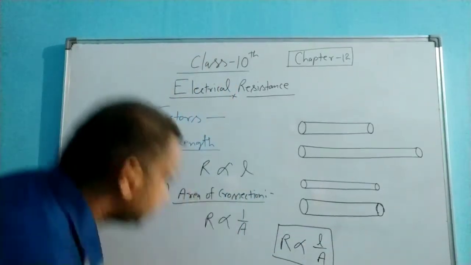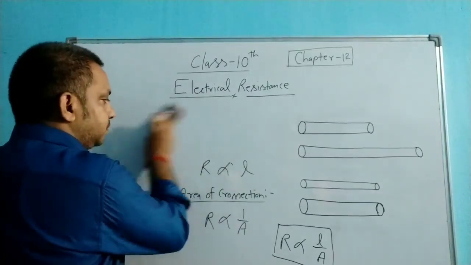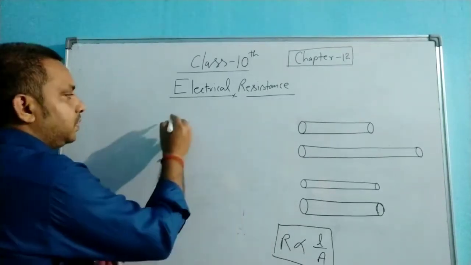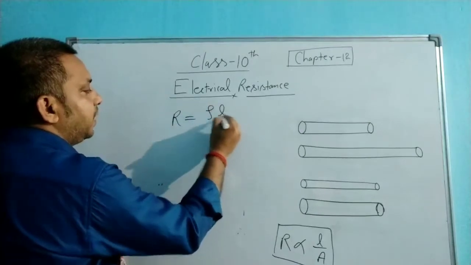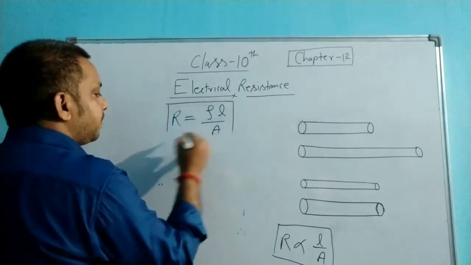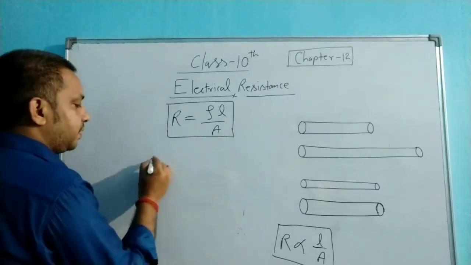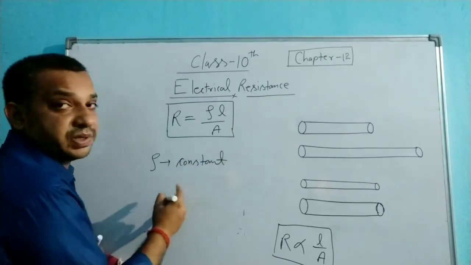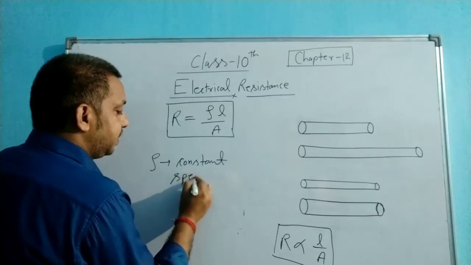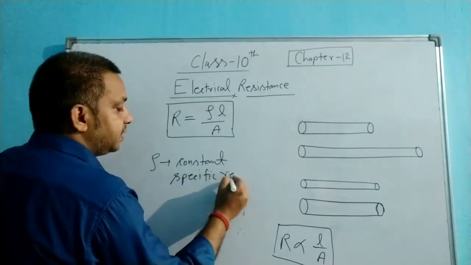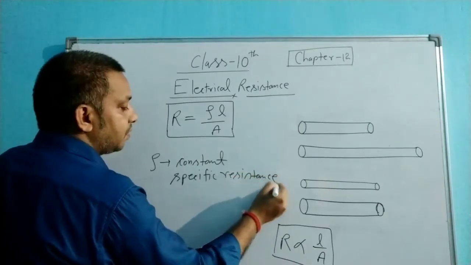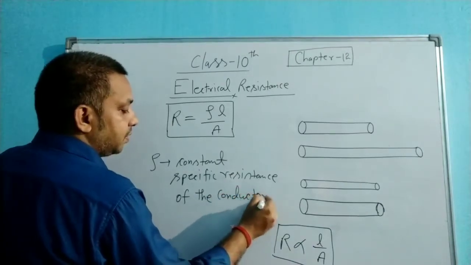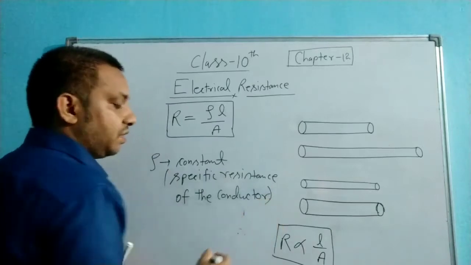So R is equal to rho L by A. So here rho is the constant, which is called the specific resistance of the conductor. This one is the specific resistance of the conductor.